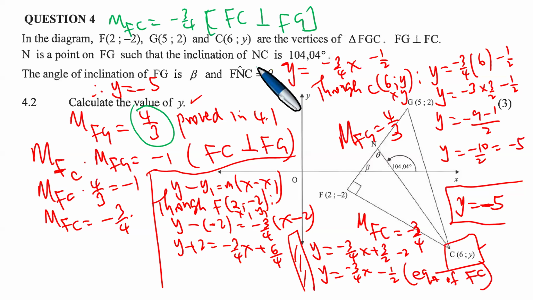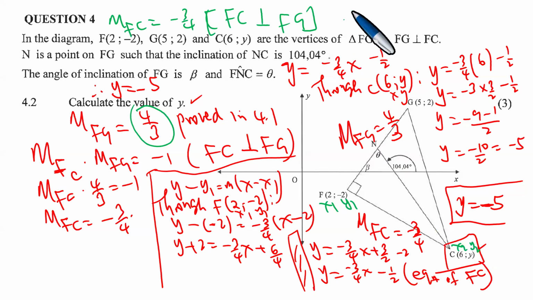Now, the gradient of the line FC is the negative reciprocal, so we can come here and find the gradient: this one minus this one. We can call this one x1, y1, and this one x2, y2.